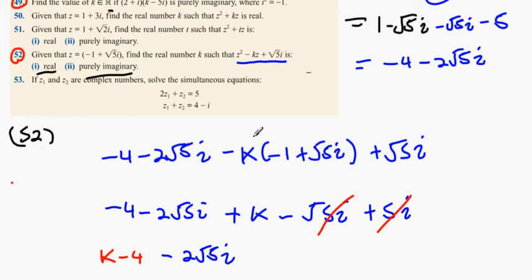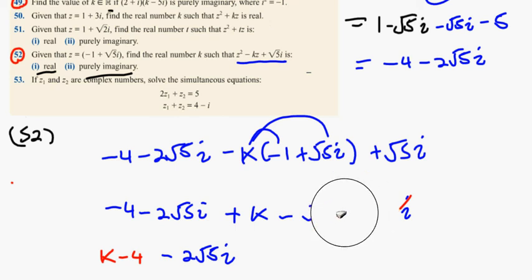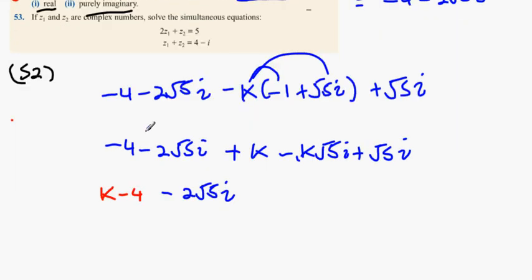So we're missing something here. Oh, sorry, my bad. It's getting multiplied by k, so that can't disappear. So that's going to be k root 5i, plus root 5i.